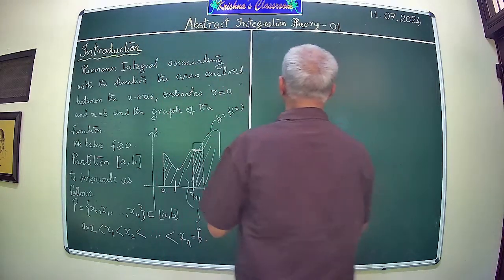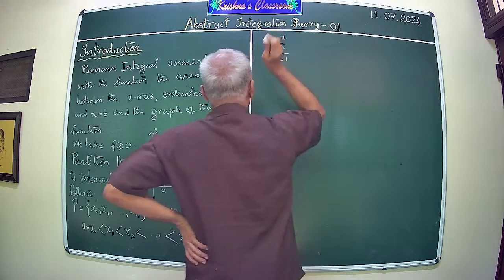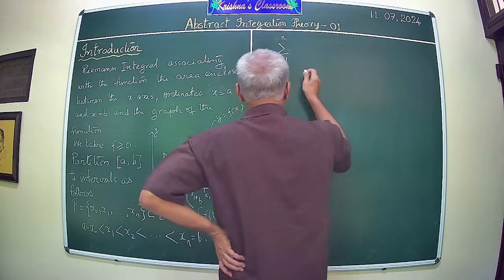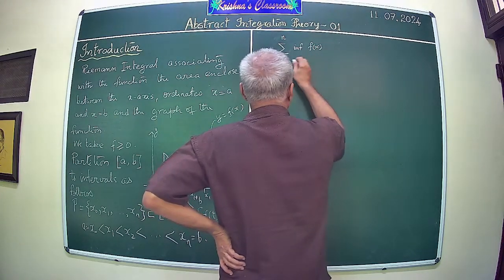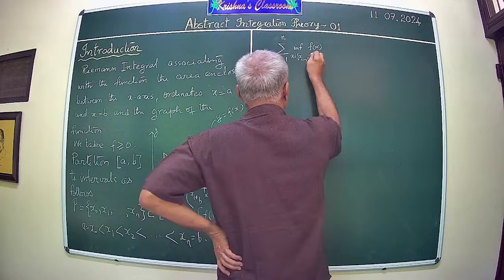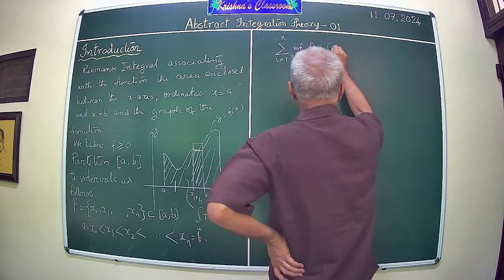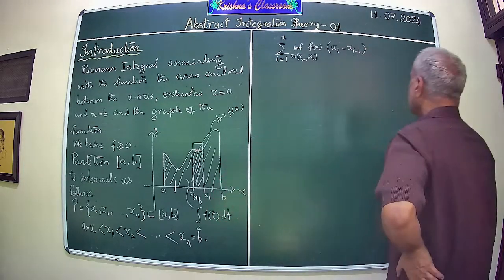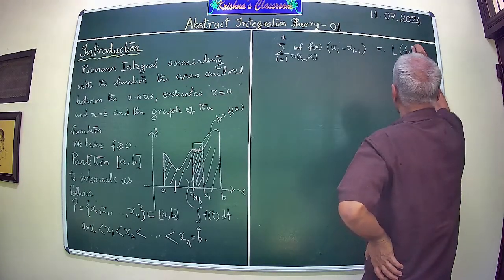you see that the summation from i equal to 1 to n of the infimum of f(x) over x belonging to the interval [x(i-1), xi], multiplied by the length xi minus x(i-1), was designated as the lower sum, where P is a partition.